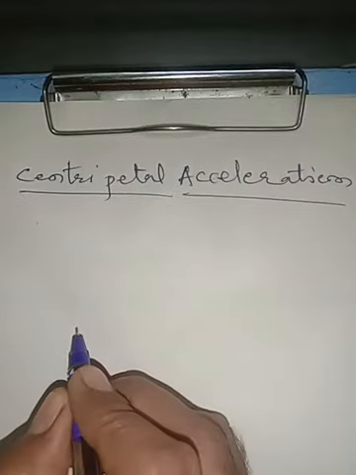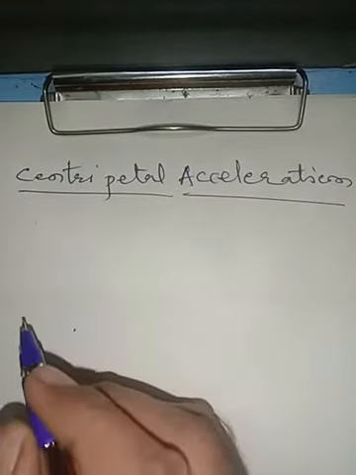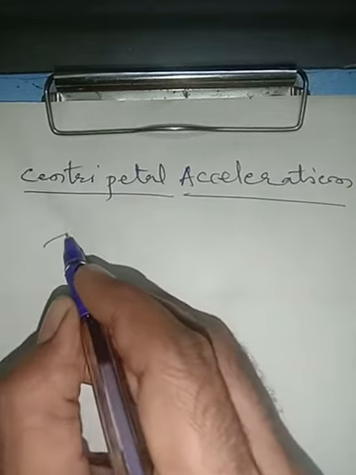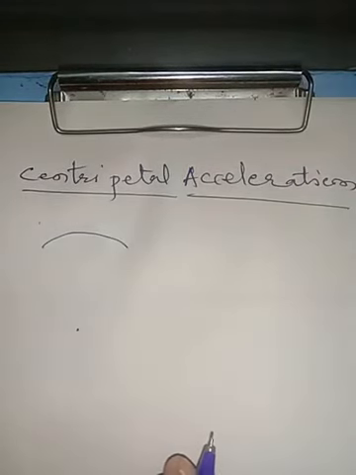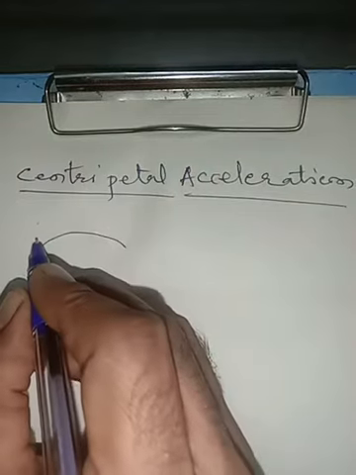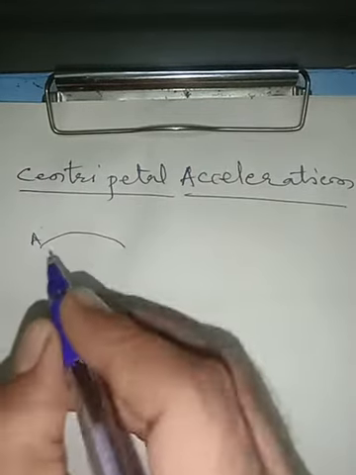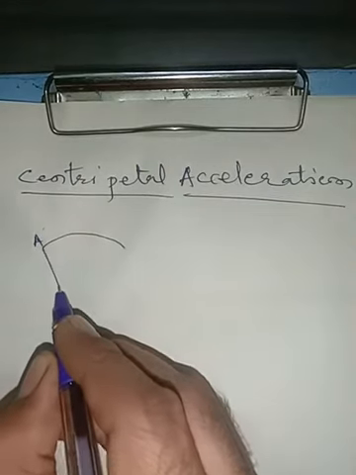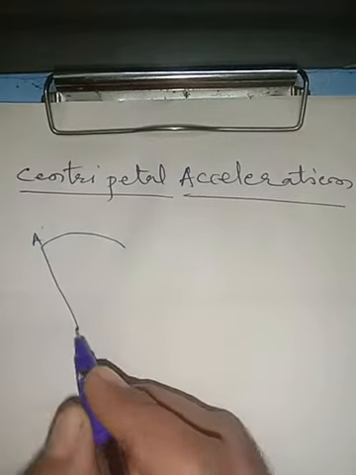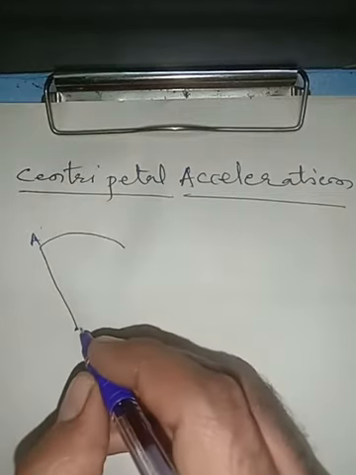Now first we will consider that a particle is moving in a circular path. This is the circular path of the particle. Initially the particle is at A. This is the radius of the path.